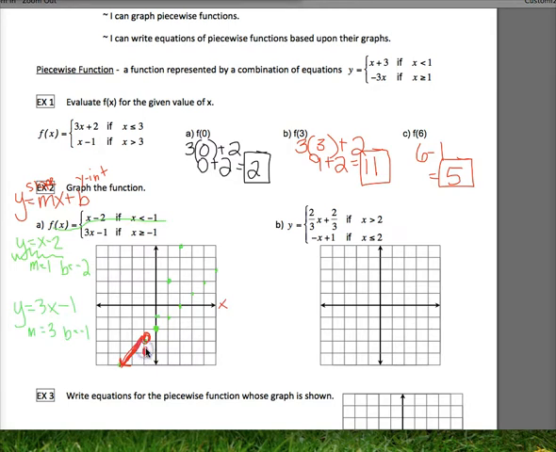So closed circle, and because it's greater than, I want the x values bigger than negative 1. X is bigger than negative 1 over here. So that means I want this part of the graph. And again, you should be using a straight edge. I cannot use a straight edge on the computer, so my lines look like squiggles, but hopefully yours do not.